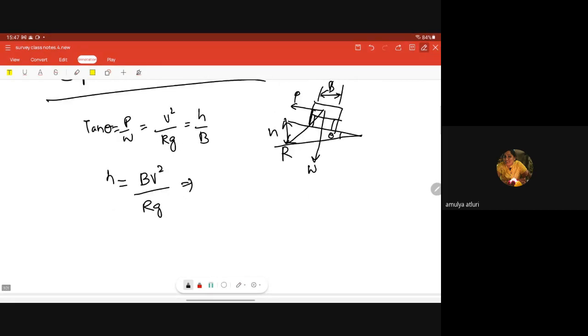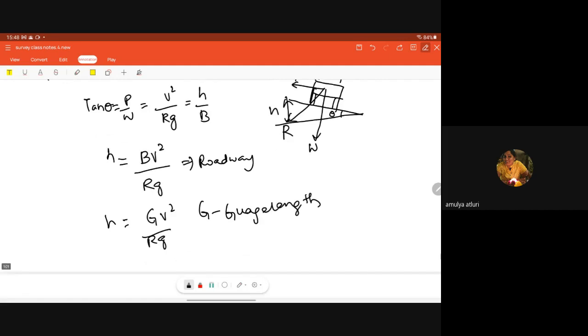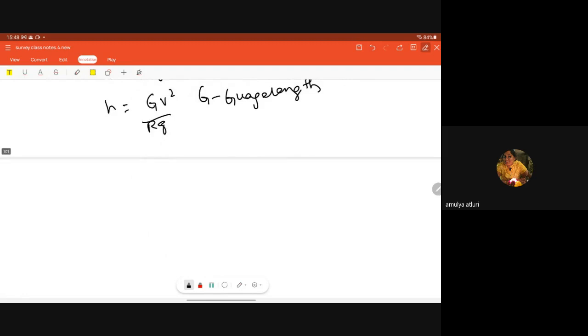This distance is nothing but the distance between these two tires. If it is in railways, this is the distance between the two rails, and it can be taken as the gauge length. This is for roadway. If it is in railway, it is G V square by RG, where G is nothing but the gauge length, the distance between the two rails. Okay.